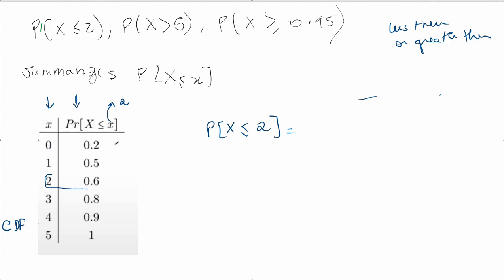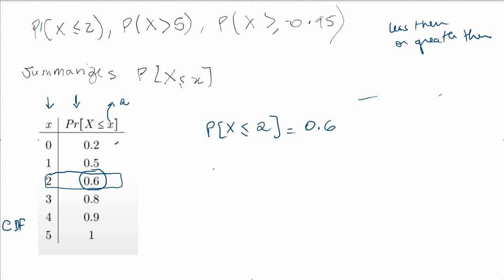So I get to this row. What number is printed here? Well, the number printed here is exactly what I want, the probability of x being less than or equal to whatever is in the row, which is 2. Okay? So what's the probability? 0.6. Okay? It's a direct consultation to the table.